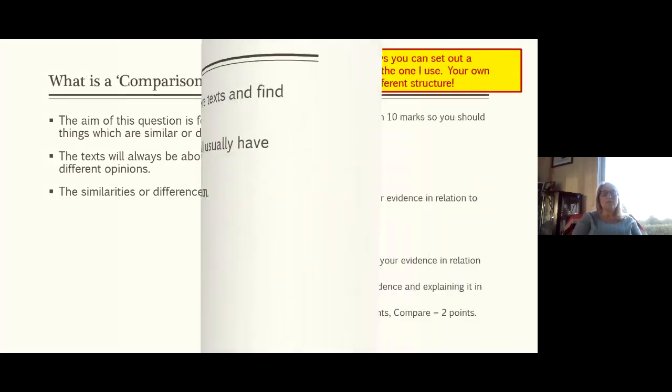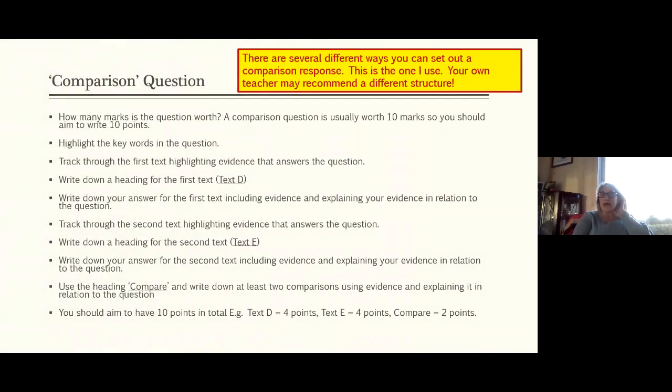Okay, so again, I've done a structure there of the way I would structure a response. First of all, you find out how many marks the question's worth. So 10 marks normally for a comparison question, so you're looking for 10 points. Again, you highlight the keywords in the question so that you understand exactly what the examiner's looking for. You track through the first text, highlighting evidence that answers the question.